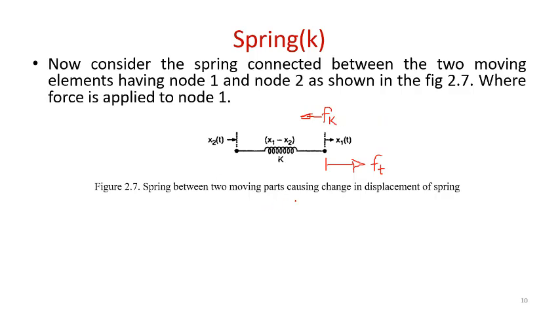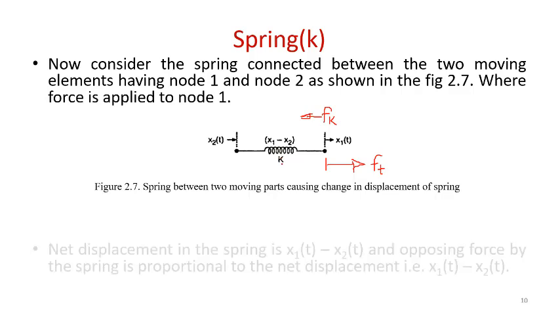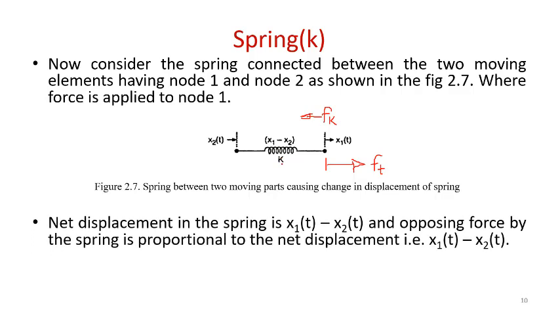The spring between two moving parts causes a change in displacement of the spring. So the net change in displacement of the spring is given by x1 minus x2, and the rate of change in this net restoring force will be equal to the spring stiffness constant k. So the net displacement in the spring is given as x1 of t minus x2 of t, and the opposing force of the spring is proportional to the net displacement, that is again x1 of t minus x2 of t.